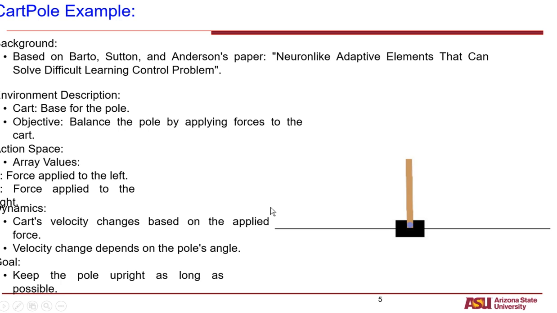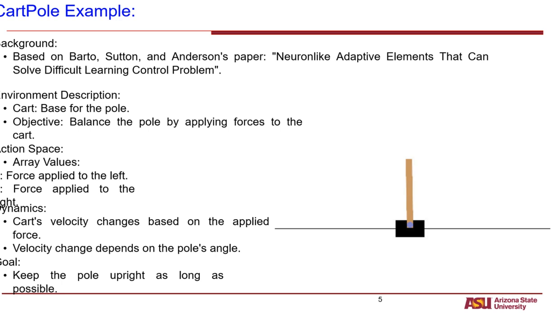So moving on to our CartPole example. This is a simple example where there's a cart with a standing pole on it, and we have to manipulate the cart in such a way that the pole is upright. But in this example, we don't do that. Our reinforcement learning agent needs to do that.